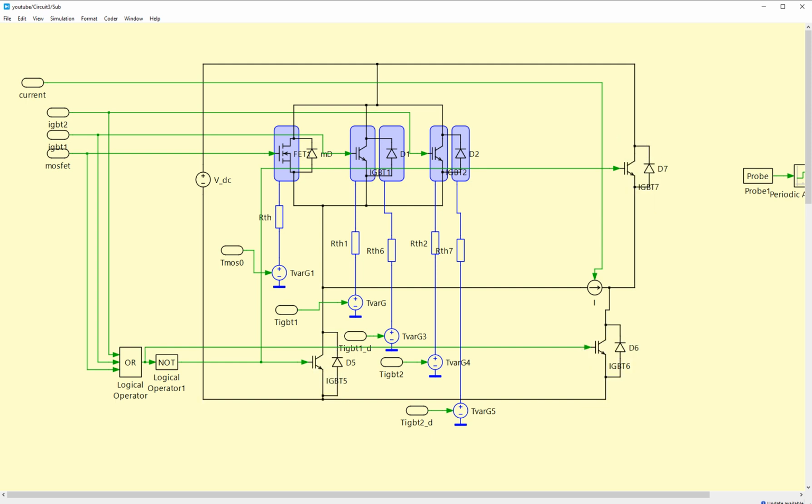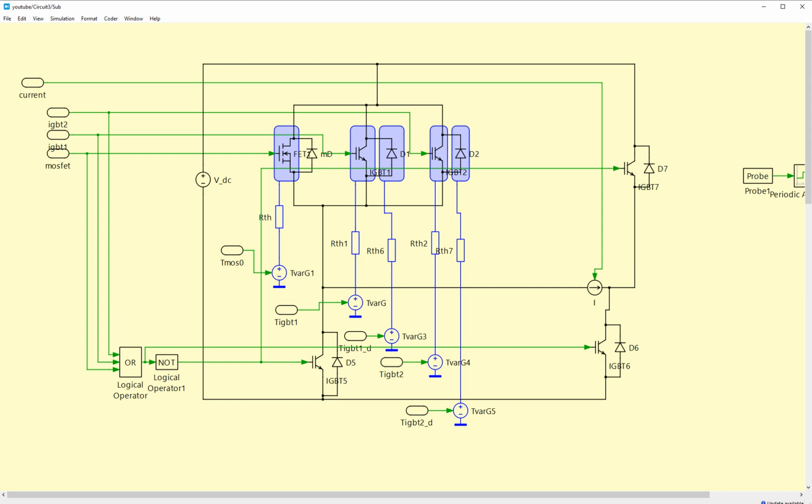The current can flow from the top, for example through this device, or if it is negative, then it can flow from here to here. And if the devices are on or off, it can flow from the other direction. Simple as this.